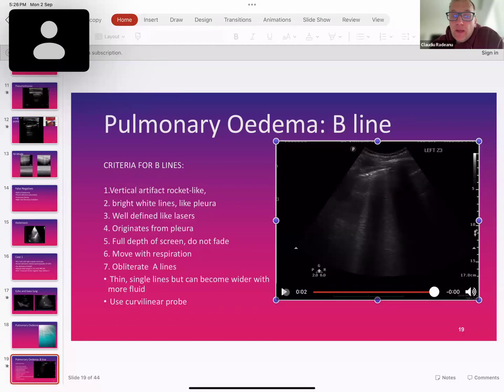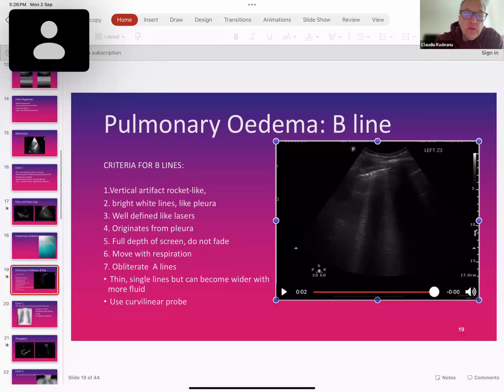So coming back to your patient who comes to the emergency department with shortness of breath, and you don't know if he has pulmonary edema or he has COPD, once you see these B lines, it is very pathognomonic for pulmonary edema. Okay, and you're not going to treat him as COPD, but you're going to treat him as acute heart failure. Okay.